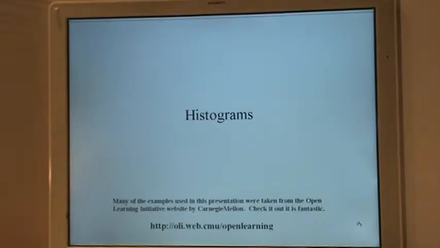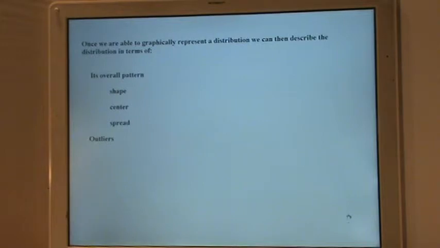So let's take a look at histograms, or graphic representations of some data. Once we're able to graphically represent the distribution of a set of data points, we can then start to describe that distribution in terms of its shape, because there'll be certain characteristic types of shapes that data will take.